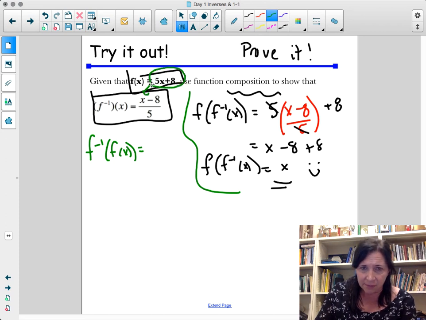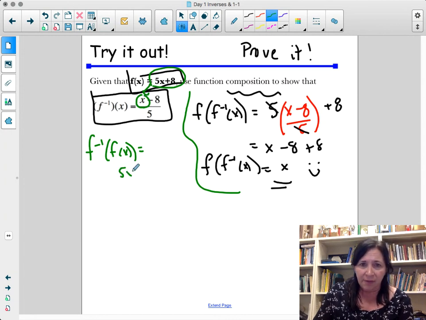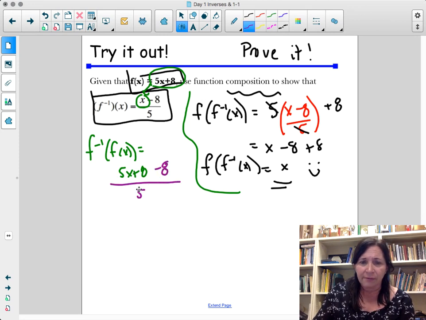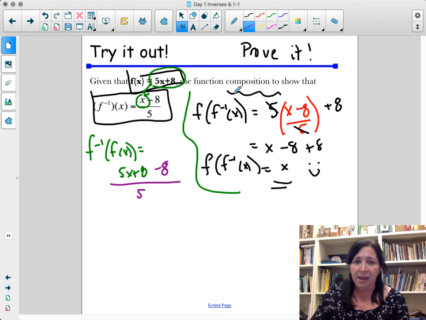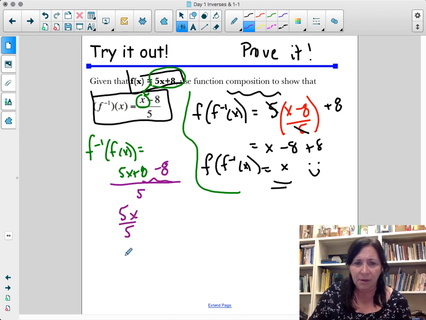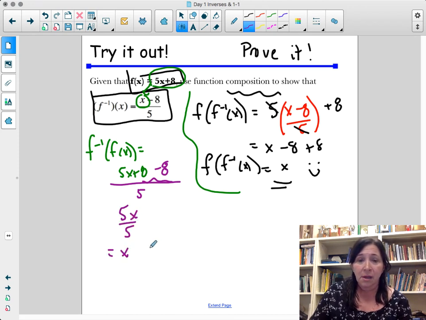See that right there? 5x plus 8 is going to go right there. So I'm going to go 5x plus 8, right? Minus 8 all over 5. And so my 8s are going to cancel. You have to do the numerator first. So this, simplify the numerator. Those are going to cancel. So I have 5x divided by 5, which is x, which is what I want.